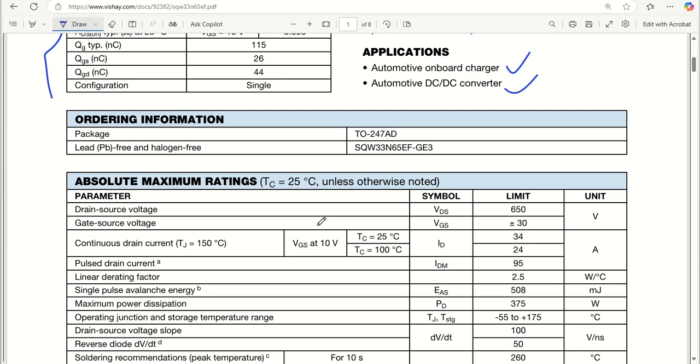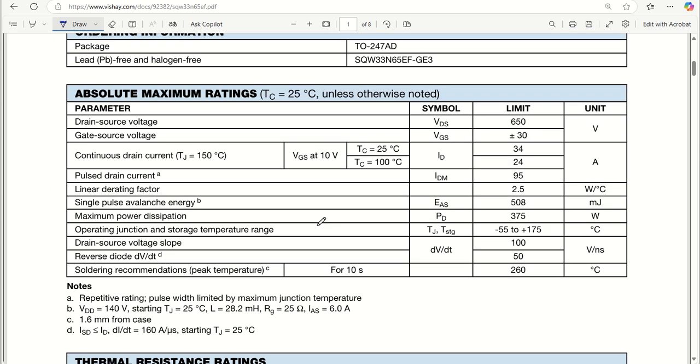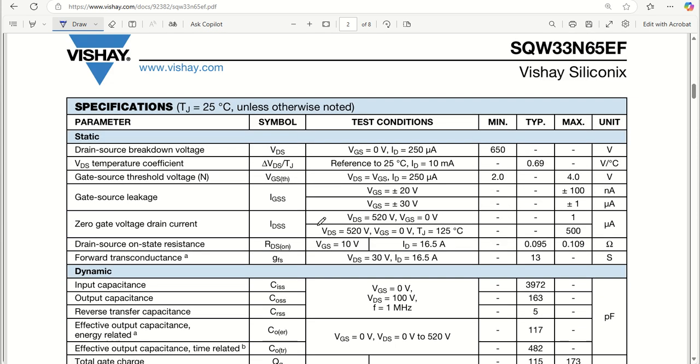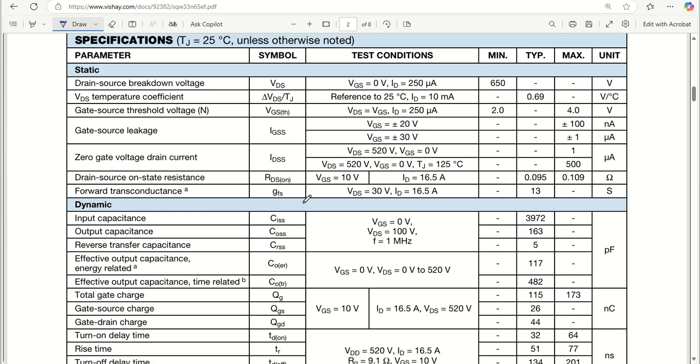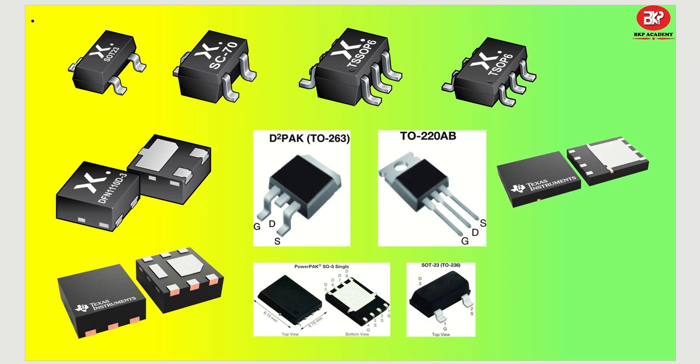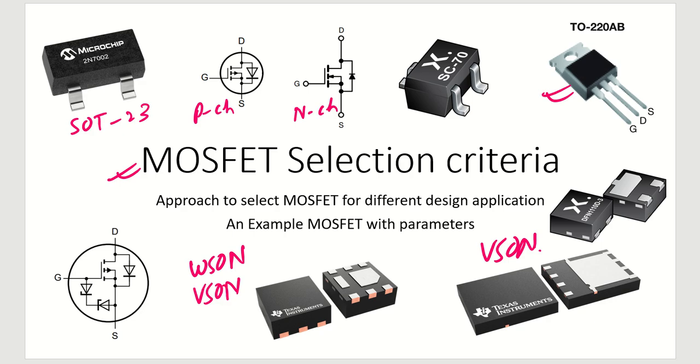Alright guys, I hope you now have a very good understanding of how to select the MOSFET and what parameters you need to look into while selecting it. If you have any questions regarding a particular application for your design, whether it is an automotive application, industrial application, home appliances, or anything for low power or high power, you can reach out to us or inquire with us on how to select the MOSFET for your particular design requirement.